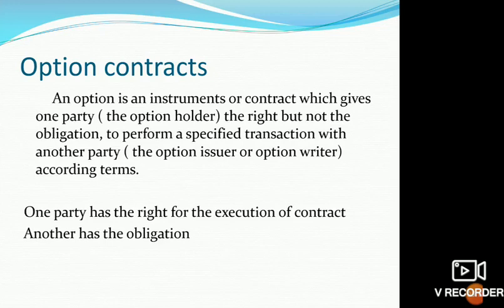So for a simple example, let's say as per the option contract I have to pay 35 rupees per kg for banana, and in the market I am getting it for 25 rupees. So what I will do, suppose if I have the right or the decision making power regarding the execution of this particular contract, I will not execute this particular contract.